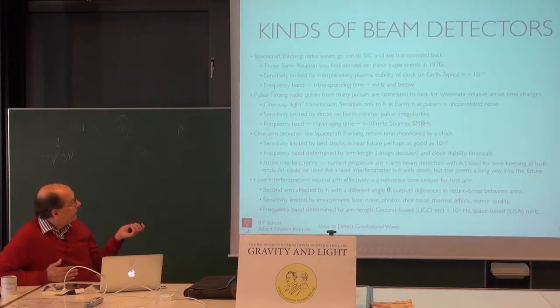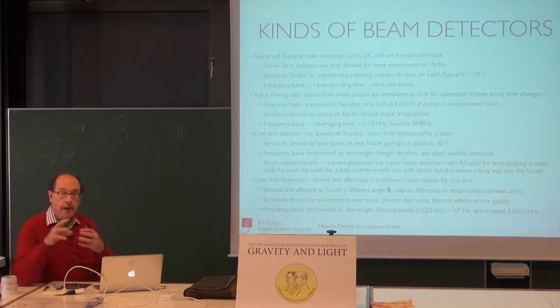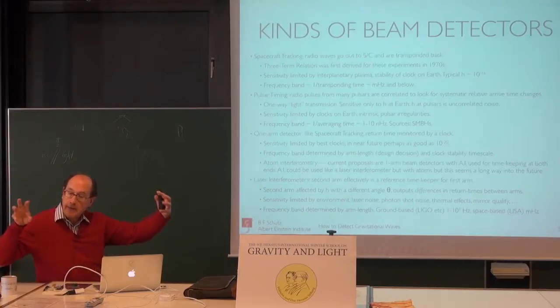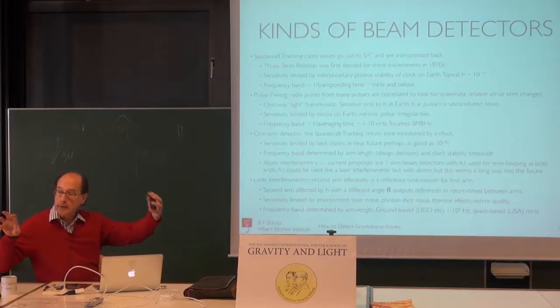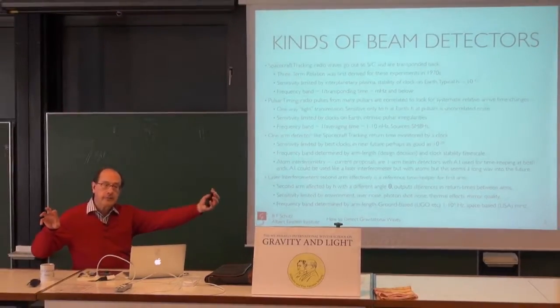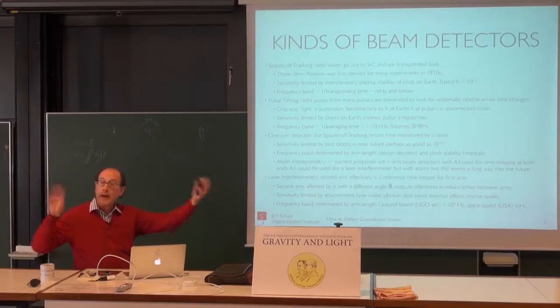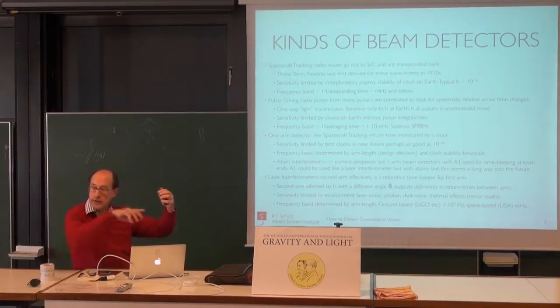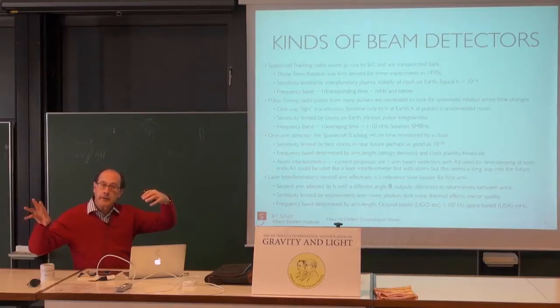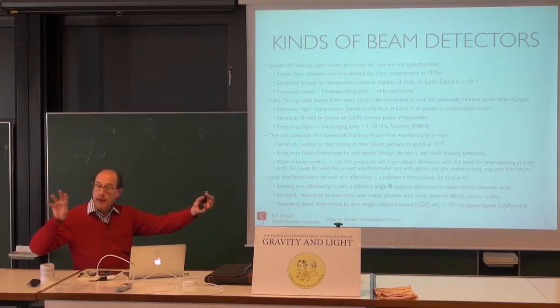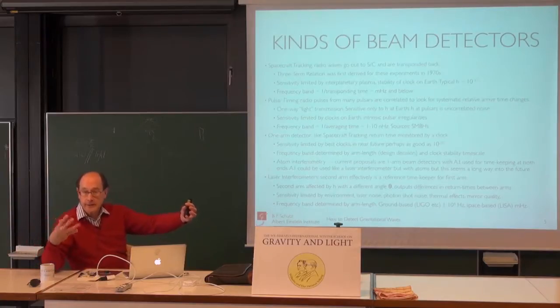But the people who do atom interferometry are proposing to build a one-arm space detector in which basically atom interferometry takes the role of the clocks, and you have clouds of atoms that are ejected at both ends, and so you don't have a return time. The transition that is being used for the clock is the same, and you pass a beam of light through the atoms at one end, and that imprints a certain quantum state.